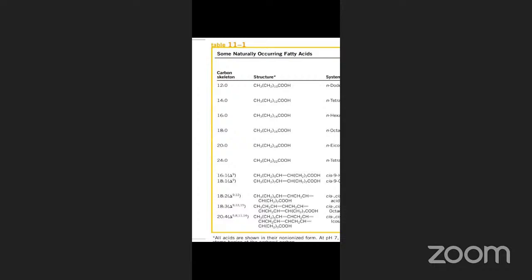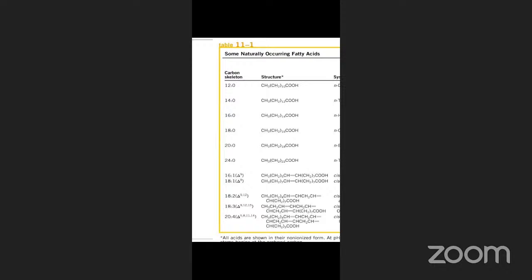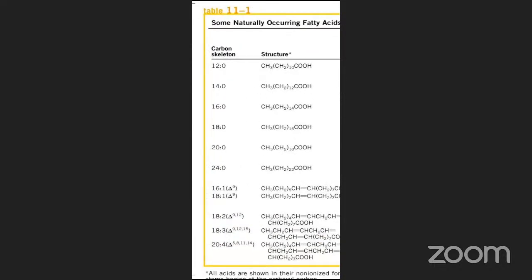Even the orientation of the hydrogens will be given as cis or trans. No need to go in depth, but this is how the representation will be given. So 18:1. 18:2 means double bonds at the 9th position and 12th position. 18:3 means the 9th, 12th and 15th carbon. So like that it will be given.